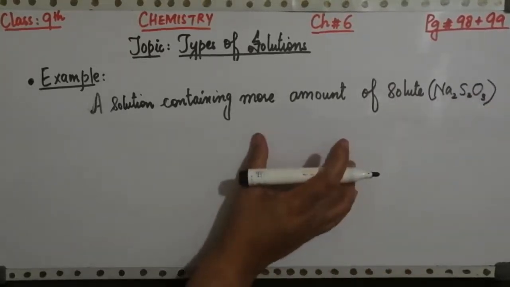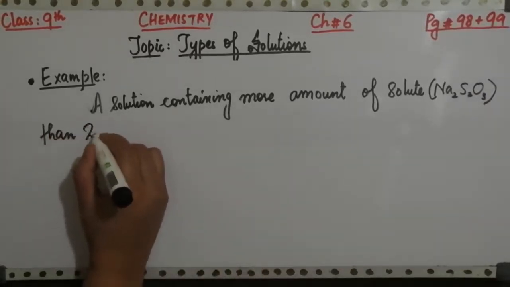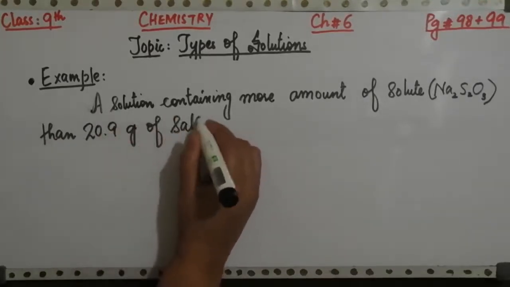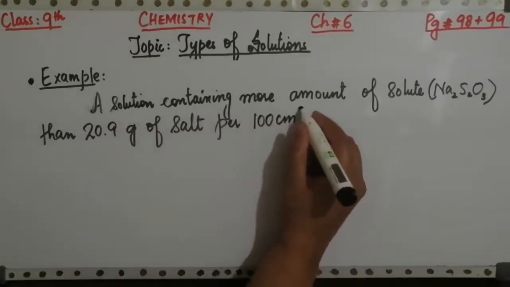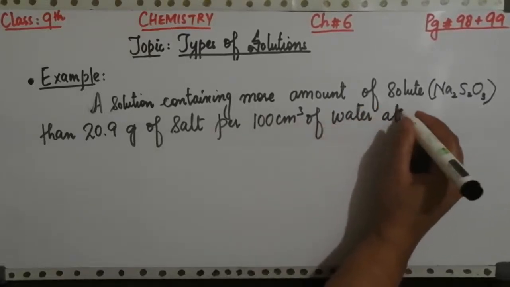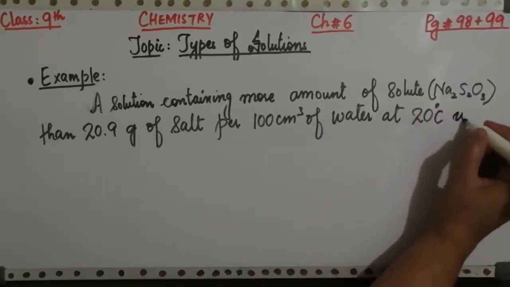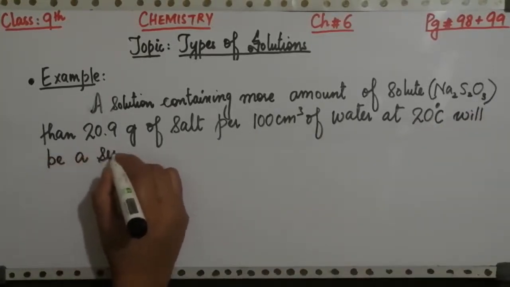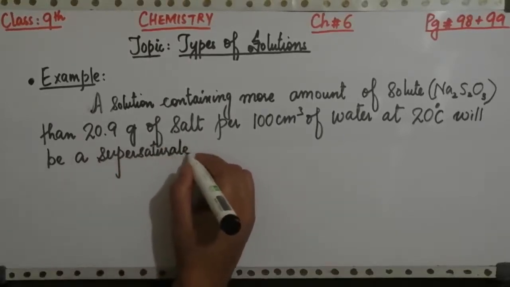So more amount of solute than 20.9 gram of this salt per 100 cubic centimeter of water at about room temperature, which is 20 degrees Celsius, will be considered or will be a supersaturated solution. यानी इस दफ़ा आपने क्या करना है supersaturated solution के लिए?